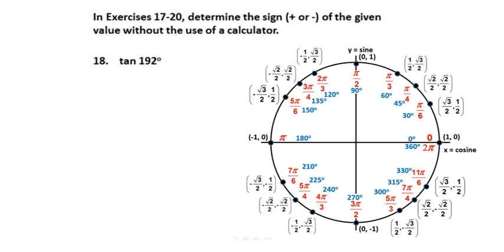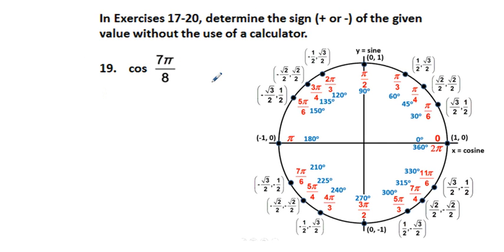Problem 19. The cosine of 7 pi over 8. Well, we have to look at where the fractions lie. This time we have 7 pi over 8. Well, pi resides here, and pi over 2 resides here.